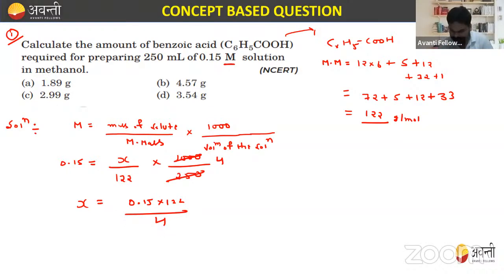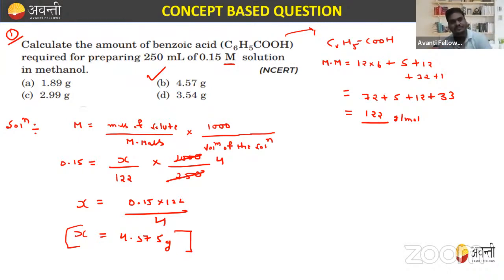Solving this, you will get 4.575 gram. This is the amount of the solute. So the correct option is B, 4.57.